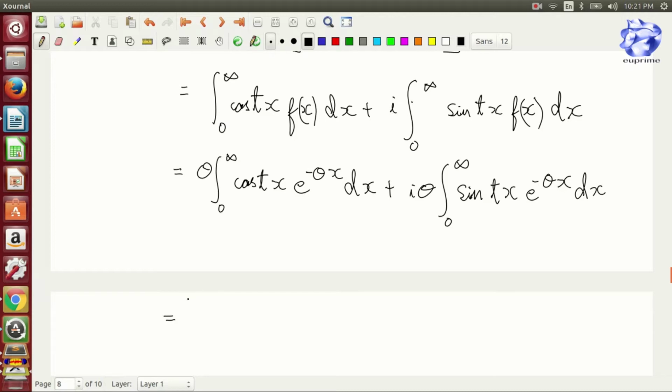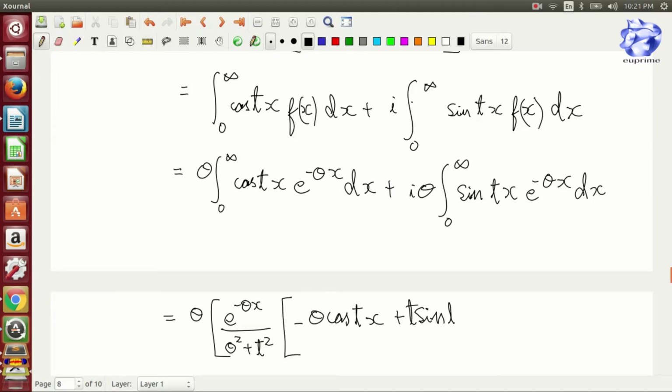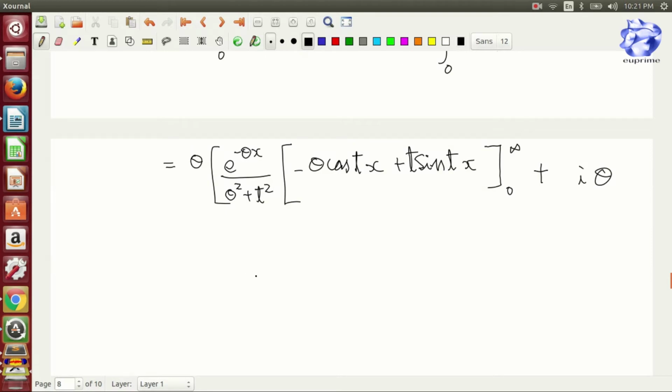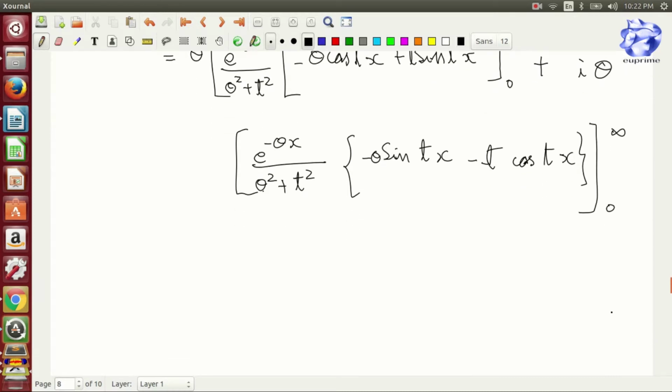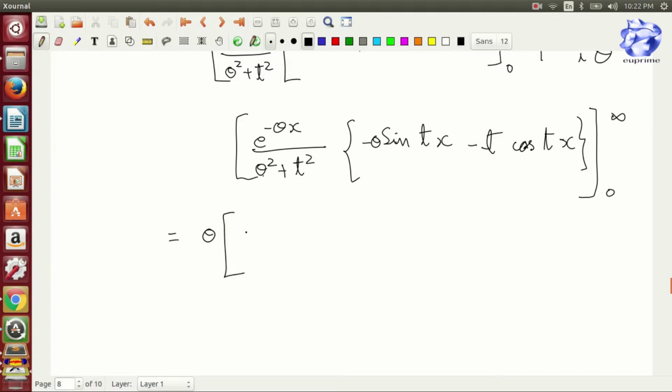We take theta common, and there is also one more term common after integration, e to the power minus theta x by theta square plus t square, and we now substitute the limits for the remaining term. As I said earlier, we need to be careful while substituting these limits.